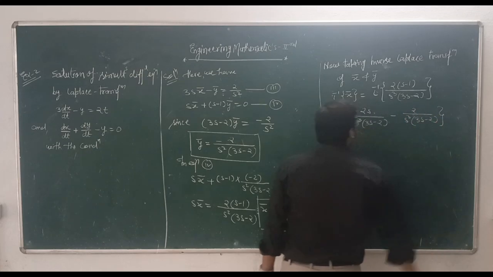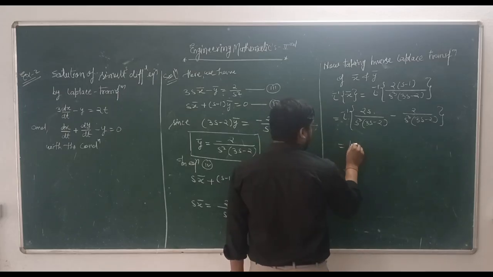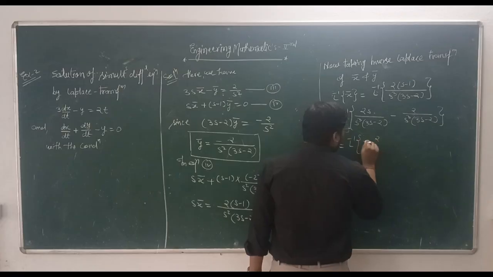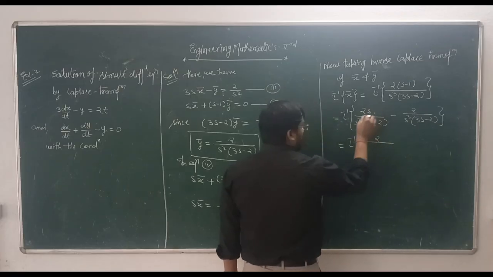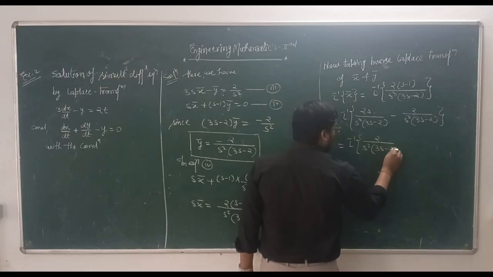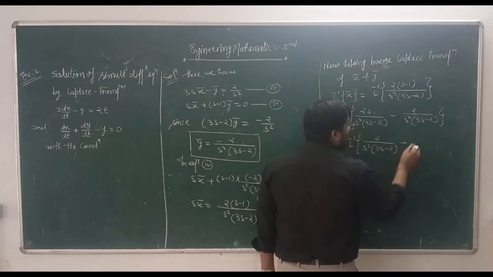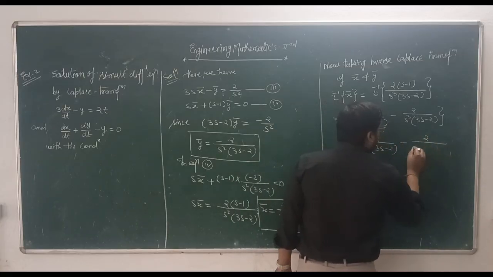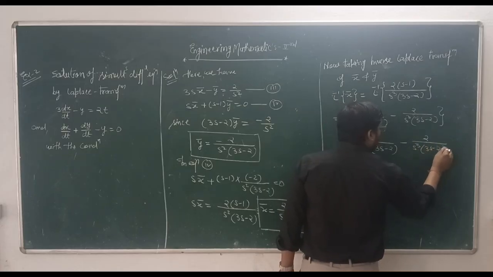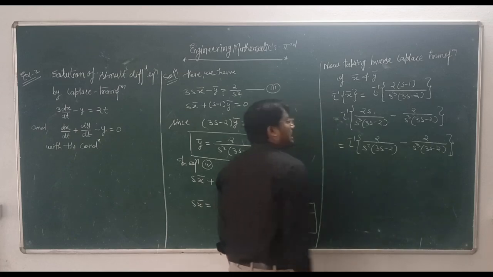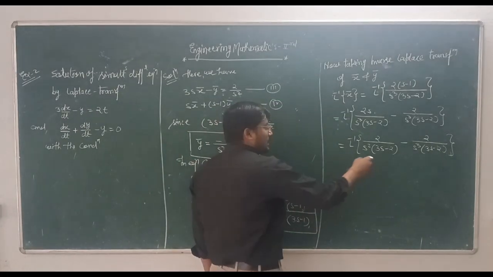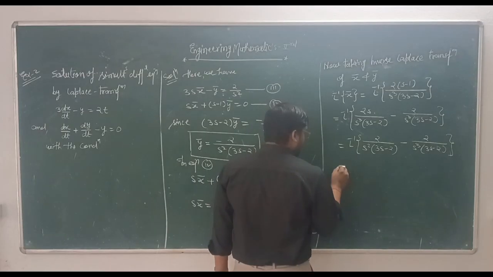Now you can write inverse Laplace of 2 total upon, you can cancel, s square (3s minus 2) minus 2 upon s cube (3s minus 2). Now you can solve by partial fraction.